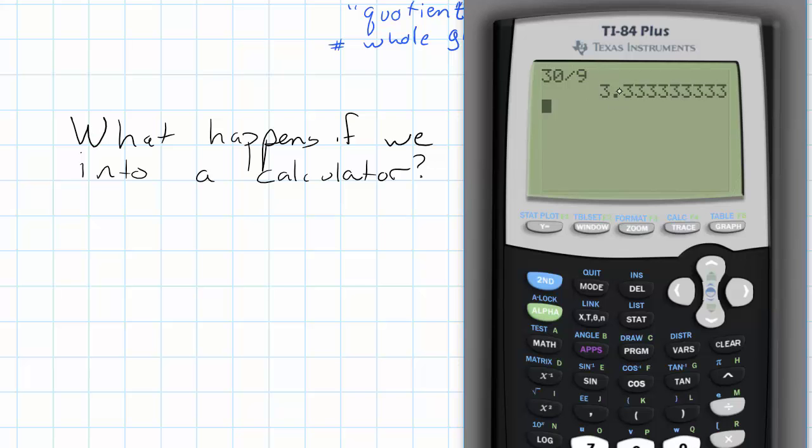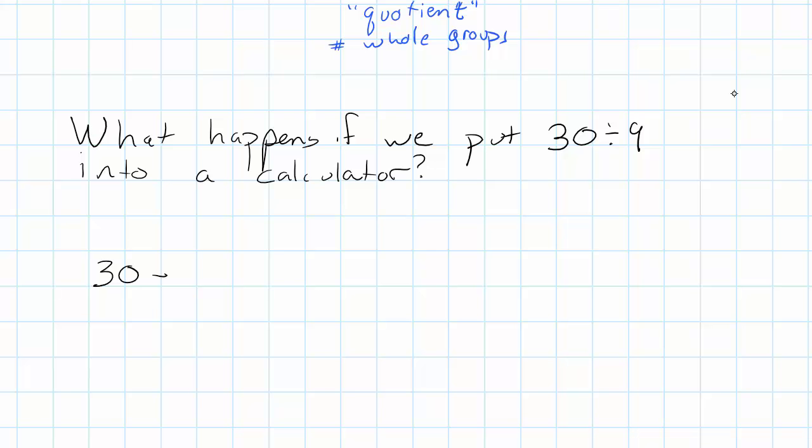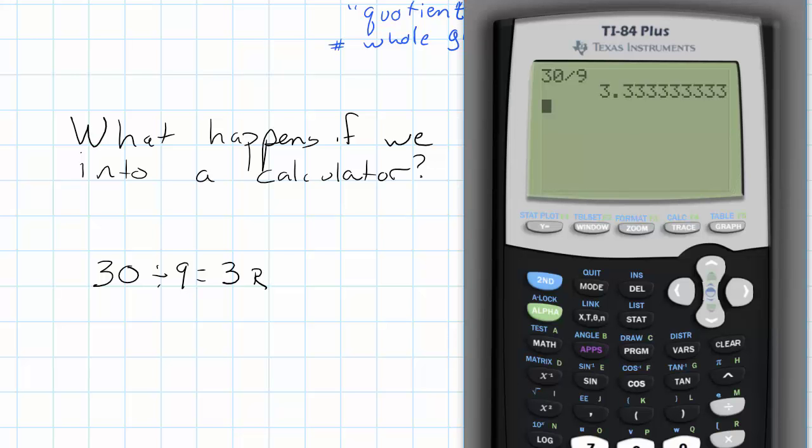We see our 3, and then a decimal point, and then stuff that comes after the decimal point. So we see that 30 divided by 9 is going to be 3 remainder something. How do we figure out the remainder? This bit after the decimal point doesn't directly show us the remainder. But let's see if we can work out what it is.